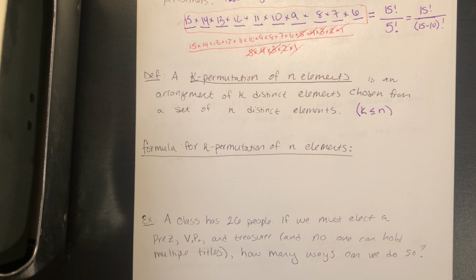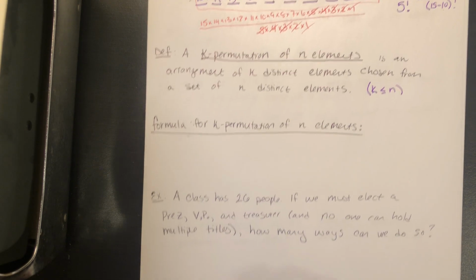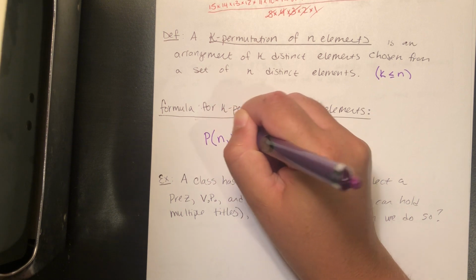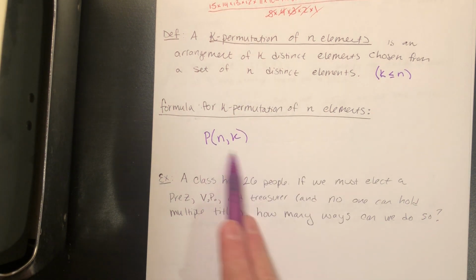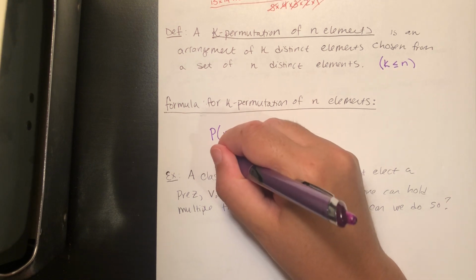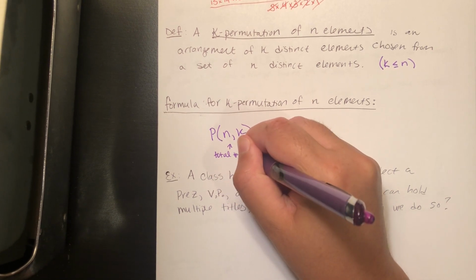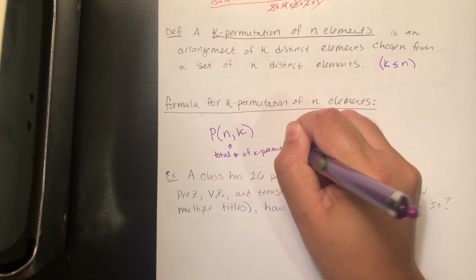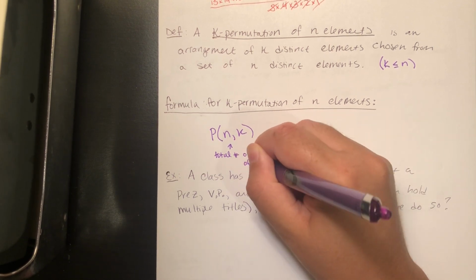You're choosing K many elements, that's 10 many people, out of a set of N many elements, out of a set of 15 people. And so this suggests to us a formula for the number of K permutations of N elements. The notation that we're going to use is P of N comma K. This means the total number of K permutations of N elements.